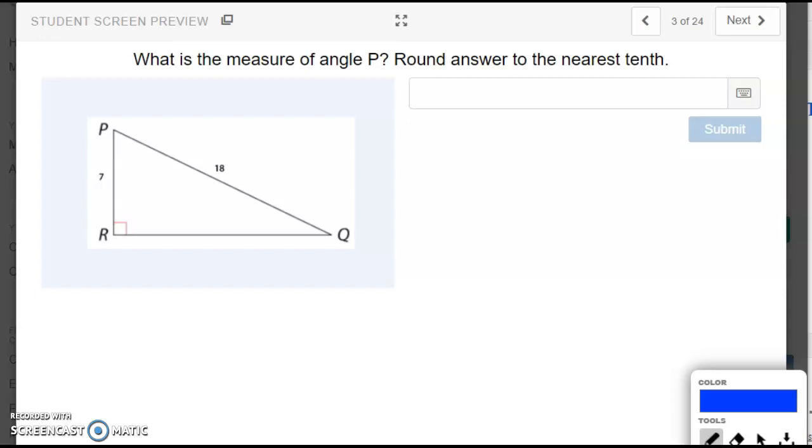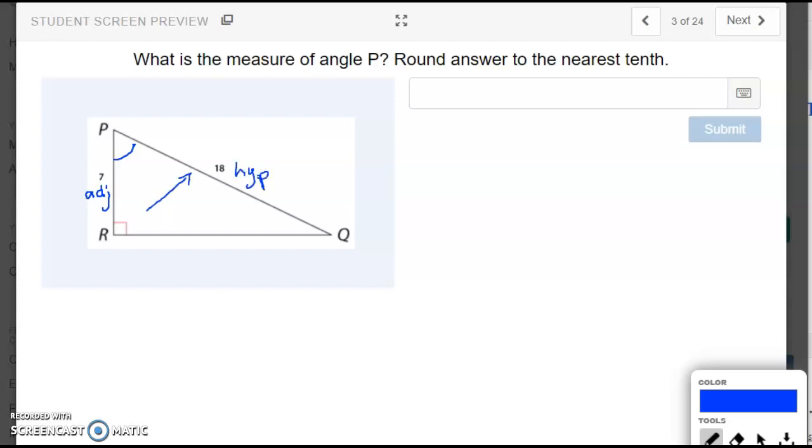And we are asked to find the measure of angle P. So that means we're trying to find this angle. So relative to this angle P, this is the adjacent because this is next to the reference angle, and 18 is opposite the right angle, so this is the hypotenuse.